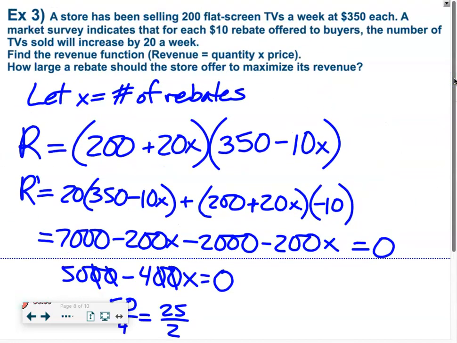So let's read the question. How large a rebate should the store offer? Well, if the rebates have to be in multiples of 10, then the store should offer either 12 or 13. When you get that halfway, it means on either side of it you're going to optimize your revenue. So they can offer either 12 rebates or 13 rebates. Either way, they're going to take in the same amount of money. If they don't have to be in $10 increments, if you can just offer any rebate you want, then 12 and a half rebates at $10 each would mean $125 off per TV, which would optimize the revenue completely.